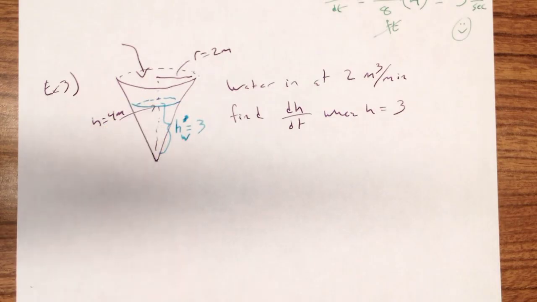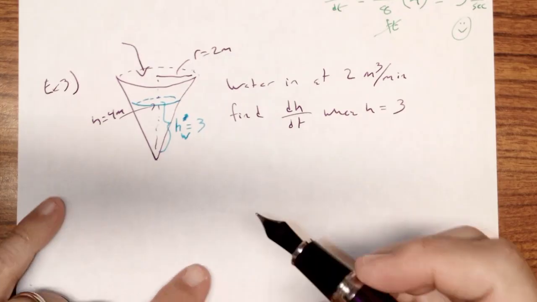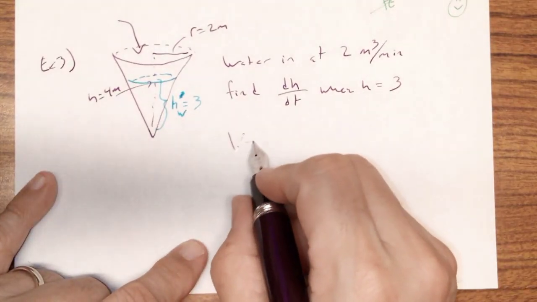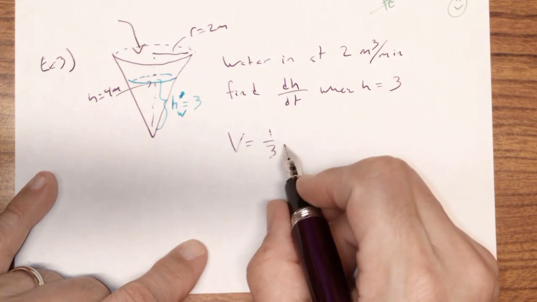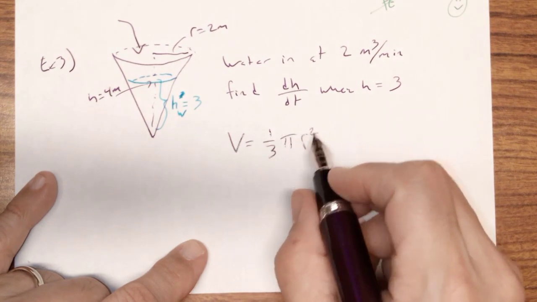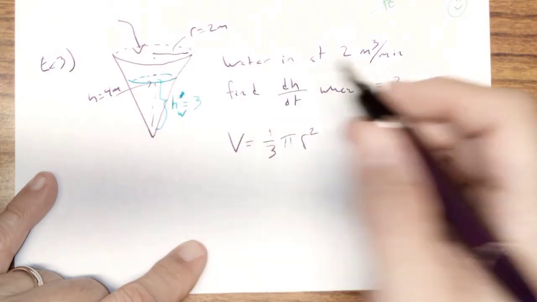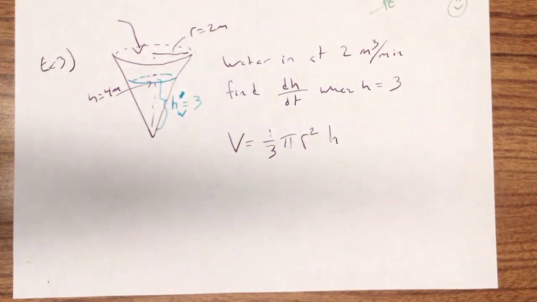I need to know the volume of a cone. Now, again, this may or may not be something you automatically know, but you can look in the geometry part in the back of the book, and I know that the volume of a cone is 1/3 the size of the base. The base is a circle with a given radius times the height.